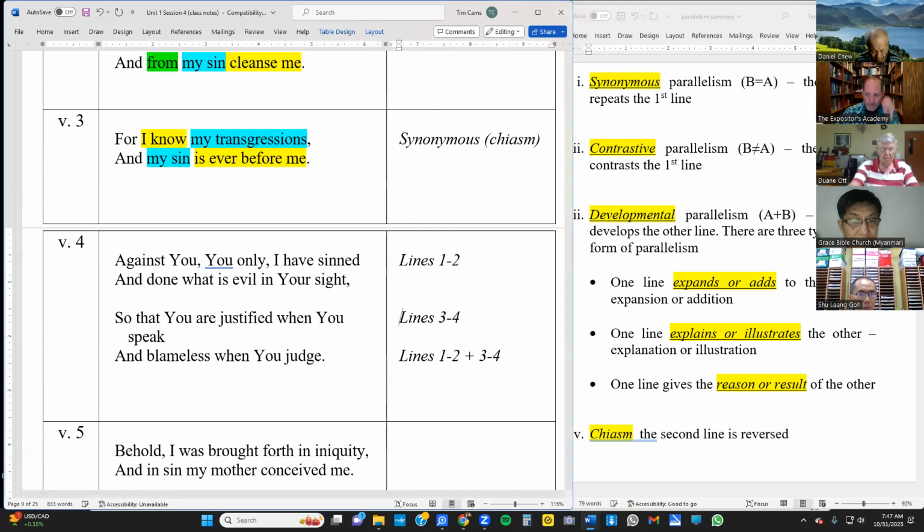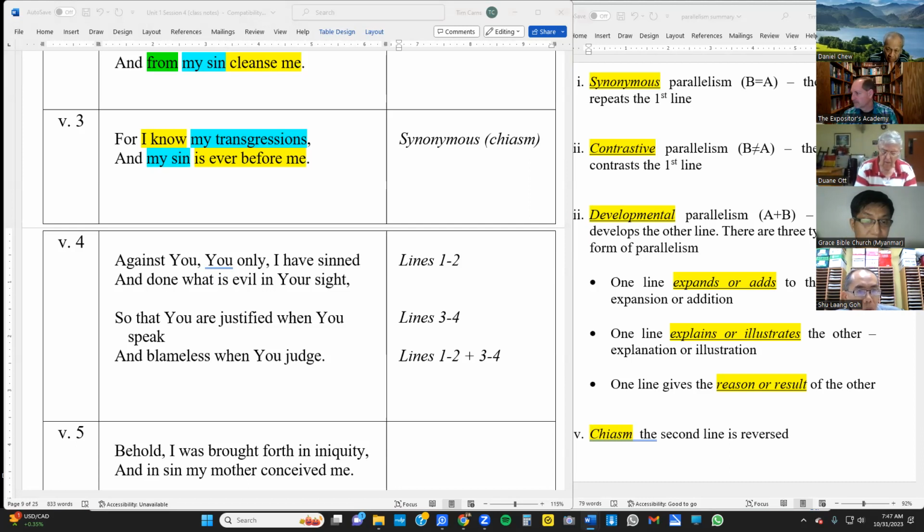So Shulong, you want to read the verse for us, and then why don't you take us through how you see these lines connecting? Okay. Verse 4. Against you, you only, I have sinned and done what is evil in your sight, so that you are justified when you speak and blameless when you judge.